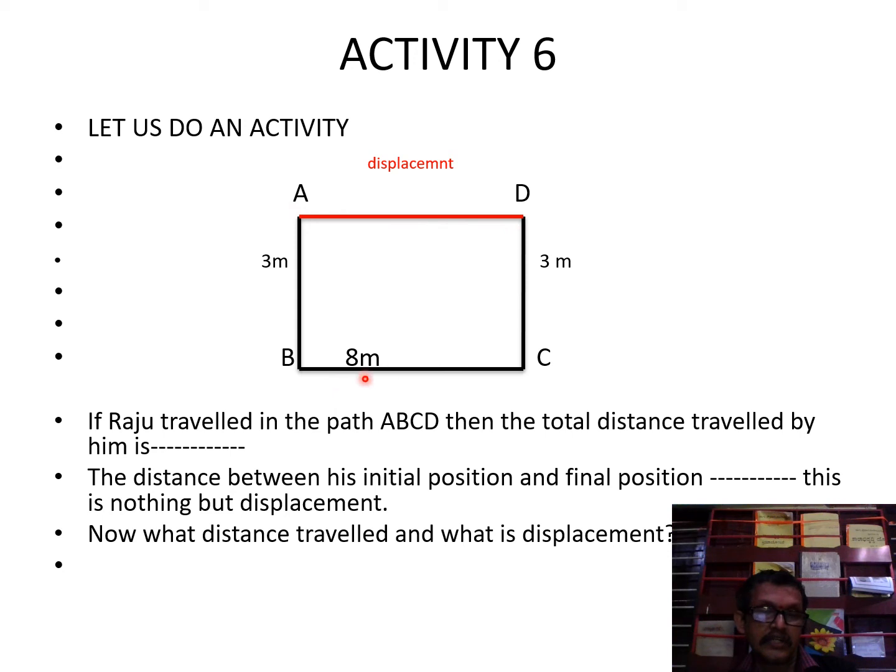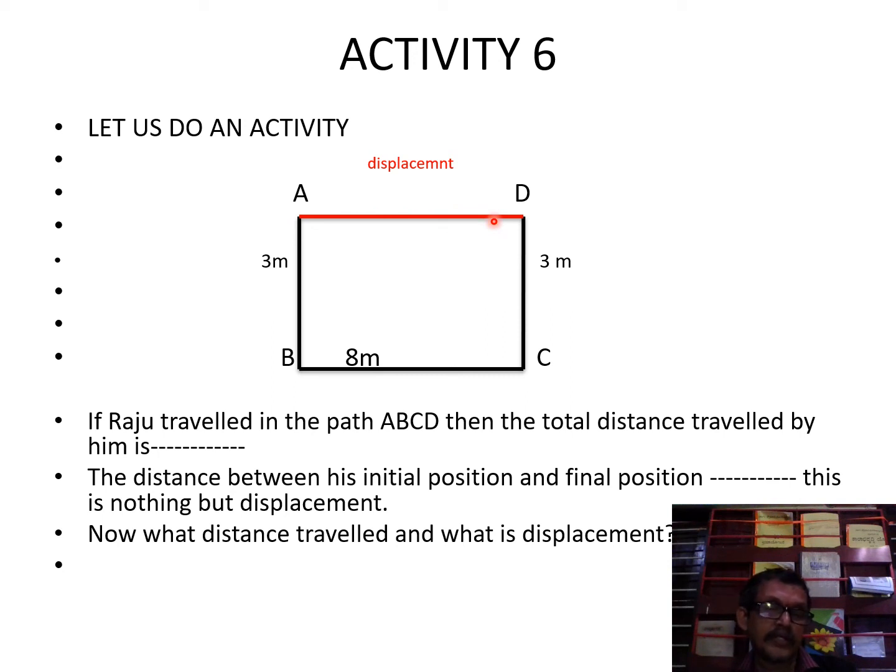Distance traveled is the actual path he traveled. The distance between the initial position and the final position after he moves is called displacement.